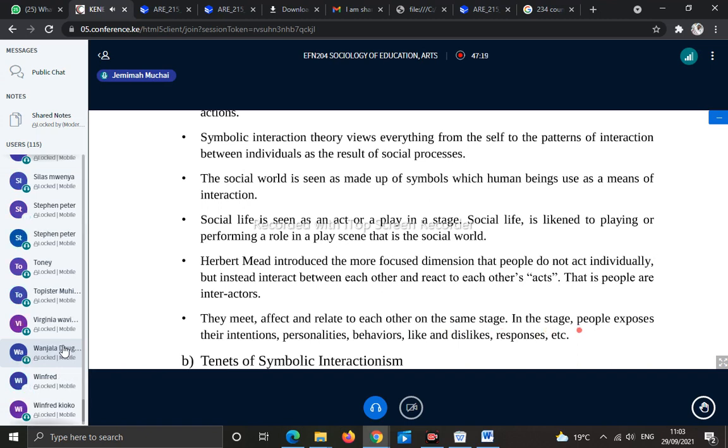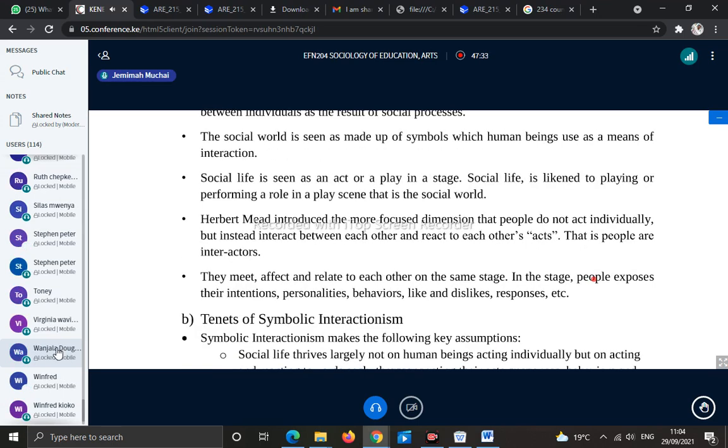On the stage, people expose their intentions, their personalities, behaviors, likes and dislikes, responses. So when we are on this stage of social life, living in the social world, we meet, we affect, we relate with each other.